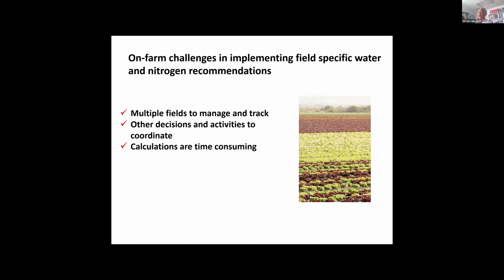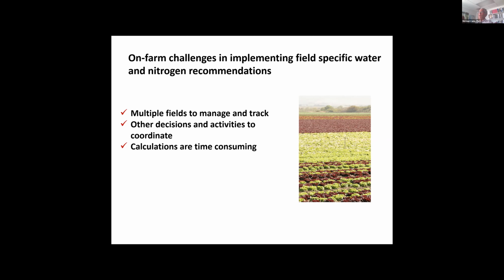And of course, growers and farm managers have many other decisions to consider, such as harvests and sprays for pesticides, weeding, cultivation. So there are all these other activities going on. And so what we are presenting involves calculations, which we know are quite time consuming.